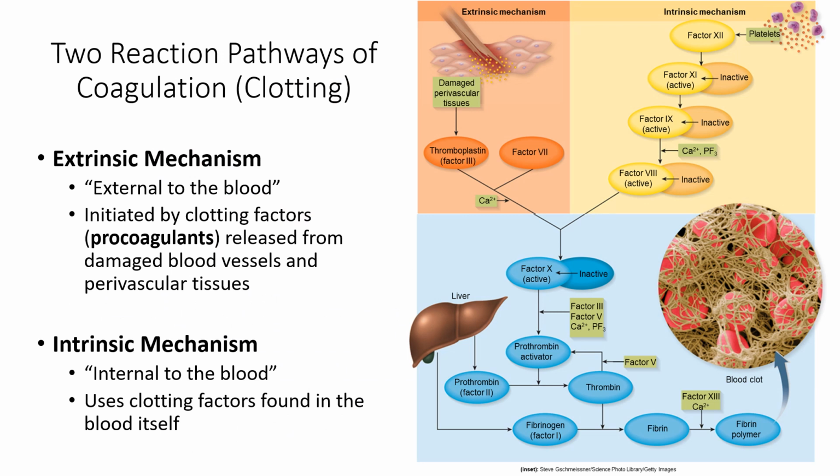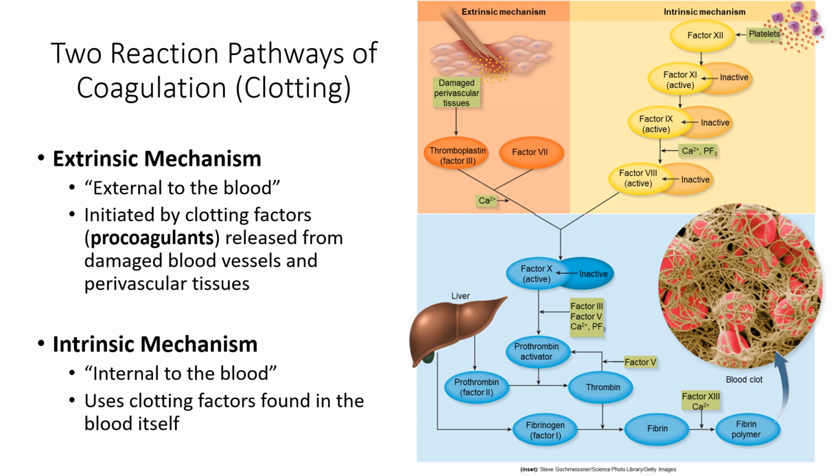On that last slide, I talked about the fact that this coagulation cascade, or reaction pathway of coagulation, is the most complicated physiological process that we know of so far.